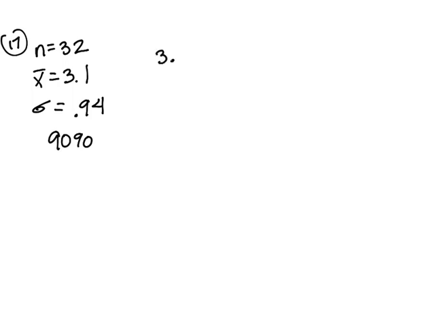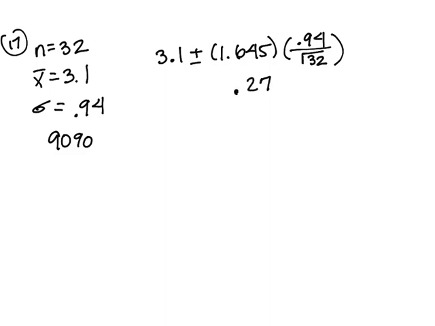So we're going to say 3.1 plus or minus, the z-score is 1.645, times 0.94 divided by the square root of 32. Have this one on the paper. 0.273349804.